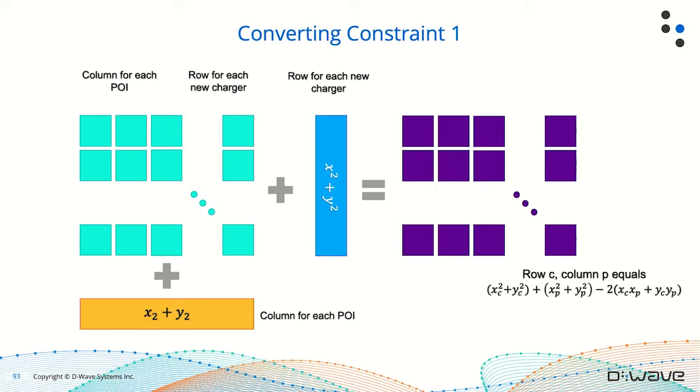And I'm going to take these squared sums for the chargers and add that on every single column going right across my matrix. And then my orange or yellow row down at the bottom, where I have a column for each point of interest for that squared sum, I'm going to add that to every single row, just moving my way up that matrix. And what I'm going to be left with is this purple matrix where row C, column P equals exactly that distance equation that I was trying to compute. And I've done this all with those matrix operations, which means that I can use NumPy to do it really fast.